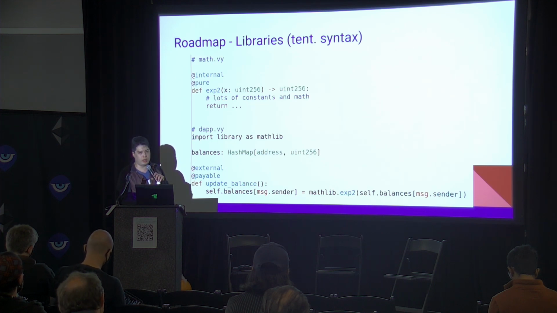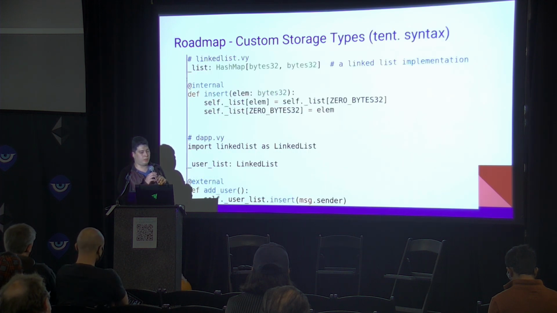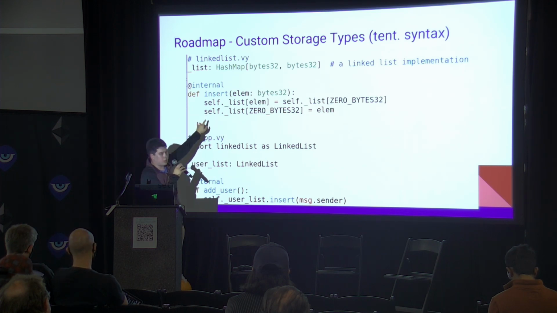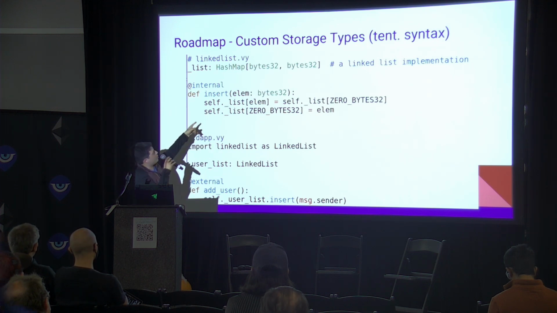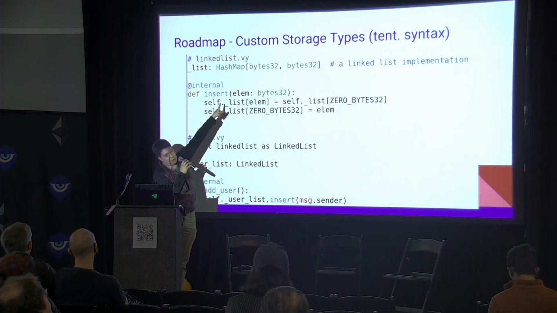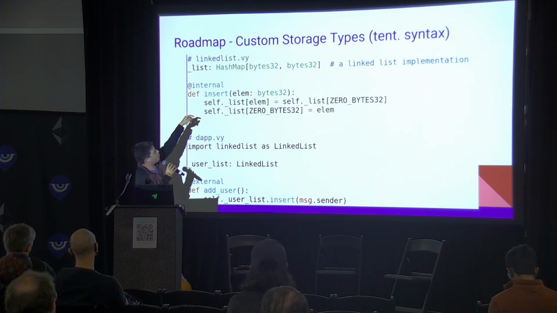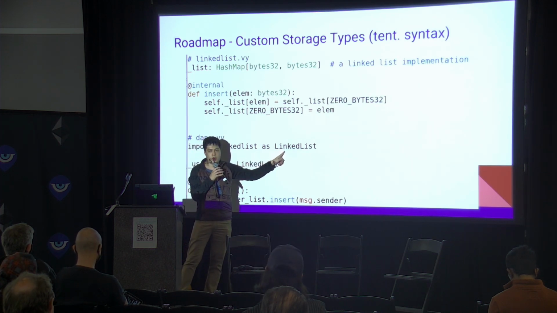And then how do we deal with encapsulation of storage functionality? This is another proposal that we're working on. The concept is kind of like having an internal contract. So you create this file called linklist.vy in this case, and you import it as this, and this creates a new kind of type.